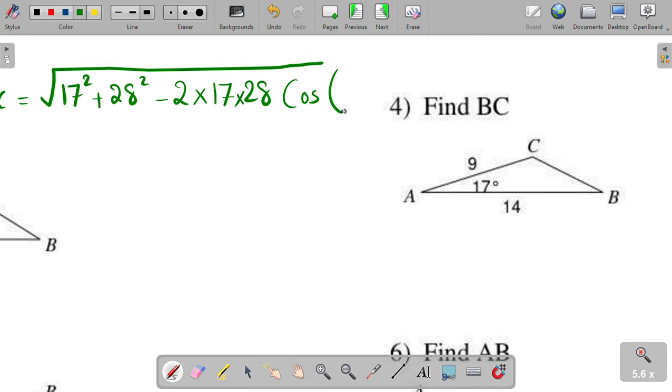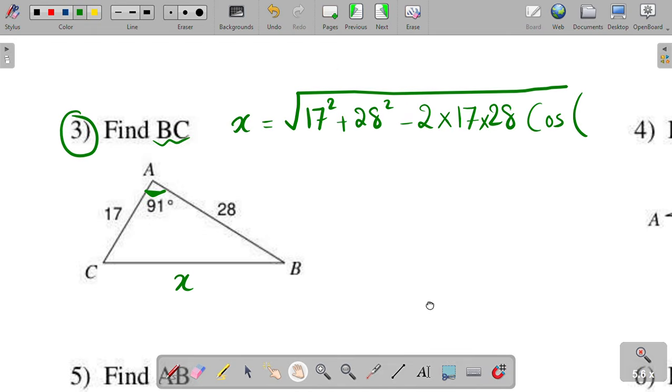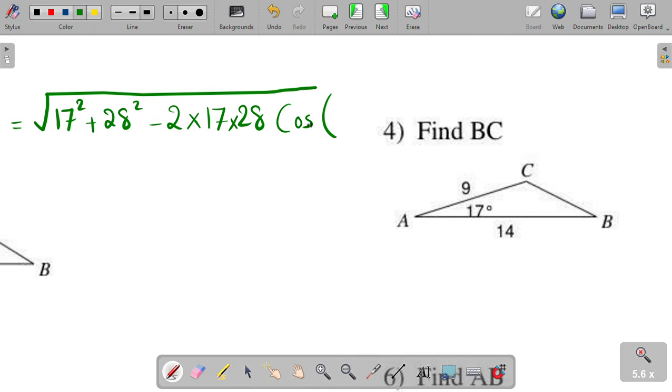cosine the angle, which was 91. This all must be below the root. Now while I'm writing out my answer, I need to check more than once that I did not forget to write anything.